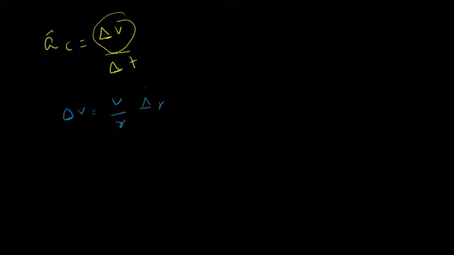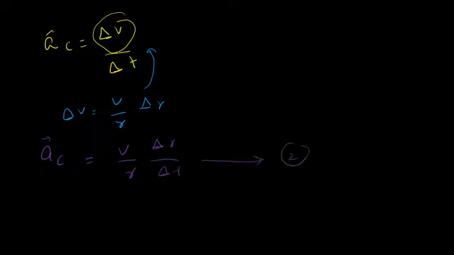By putting this value, I get the centripetal acceleration, which will be equal to v over r into delta r divided by delta t. This is our equation 2. I can call this the average acceleration.